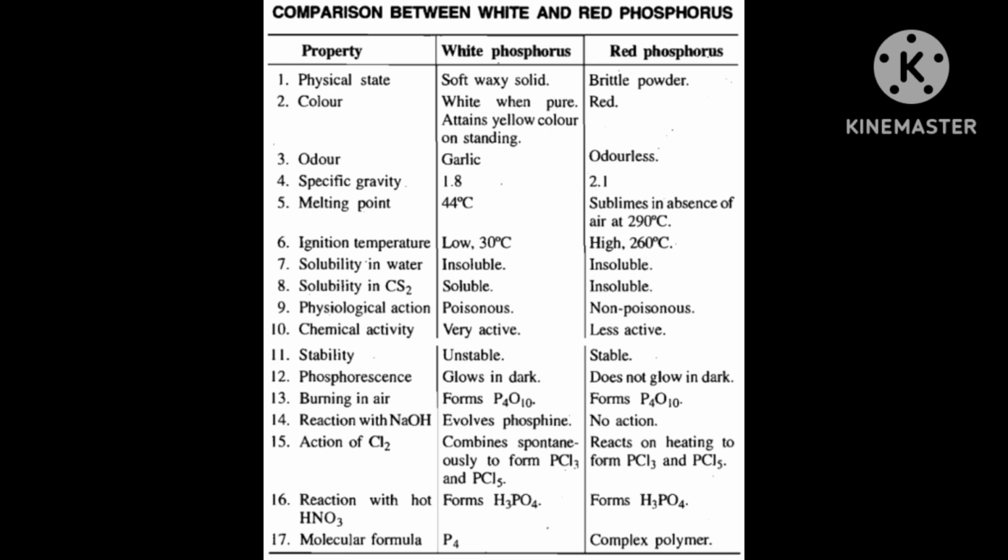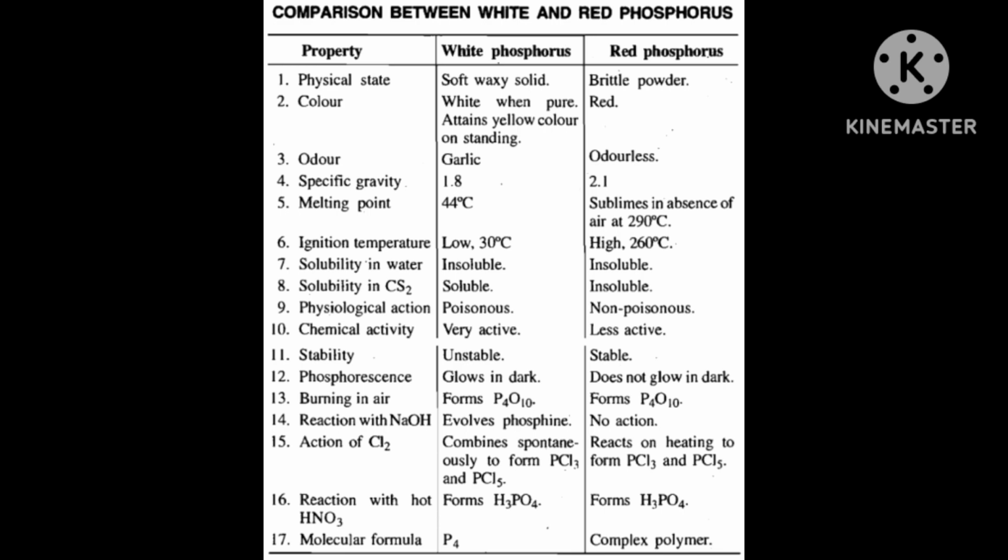Phosphine is prepared by the reaction of calcium phosphide with water or dilute HCl. You remember it: calcium phosphide, not phosphite, phosphide, with water or with dilute HCl in any way.